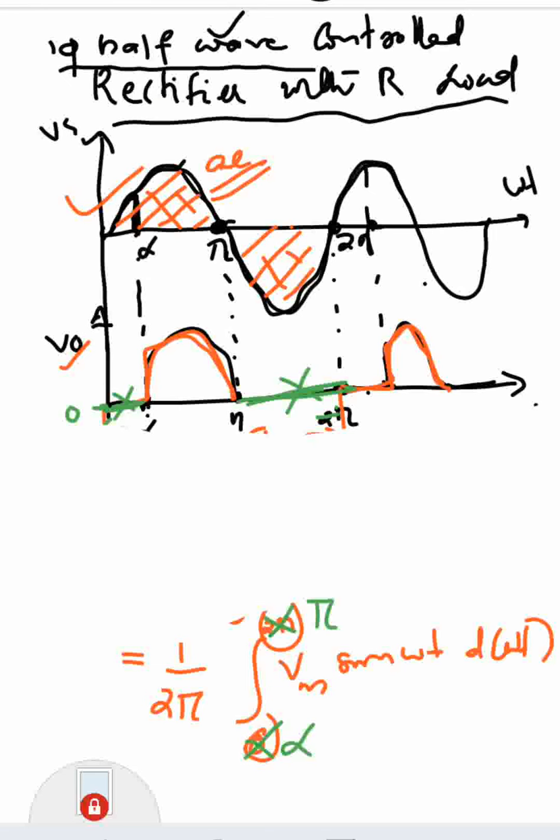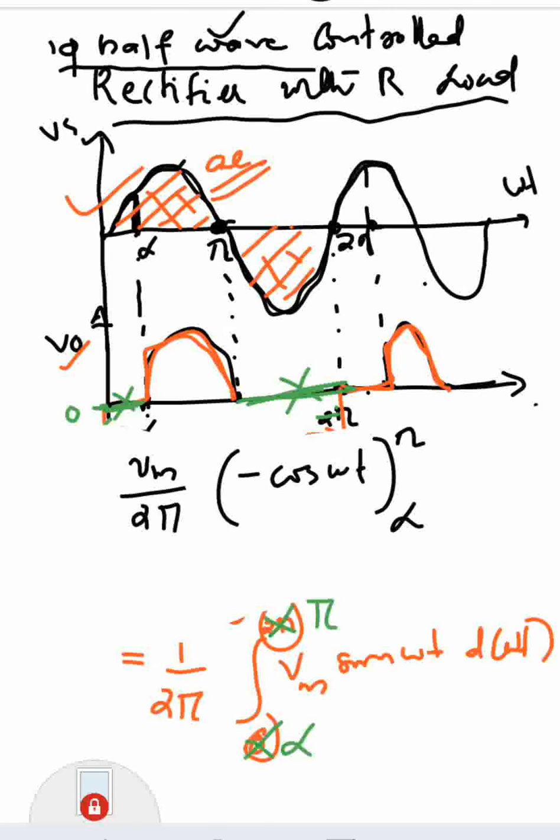Now when you do the integration, you will get Vm by 2 pi, the integral of sin omega t is minus cos omega t, from alpha to pi, which is equal to minus Vm by 2 pi times (cos pi minus cos alpha).